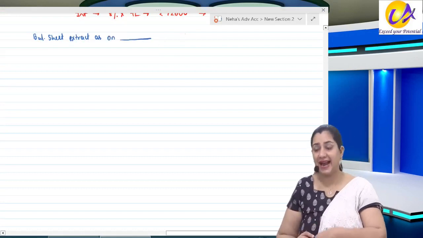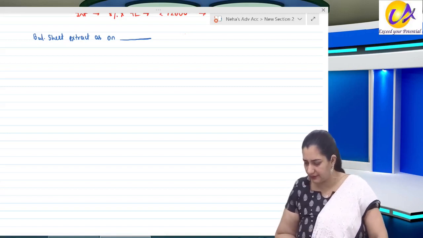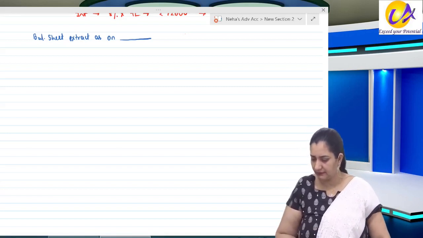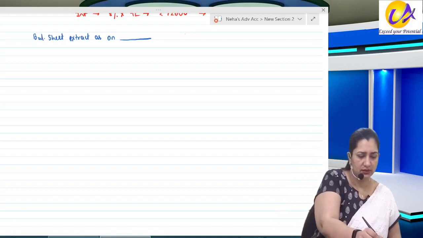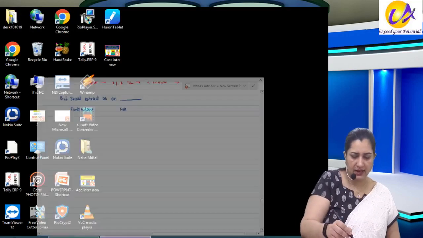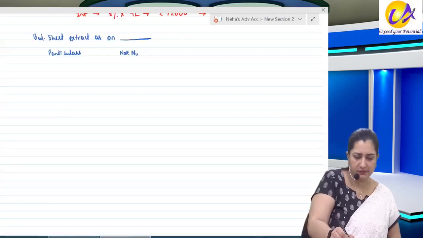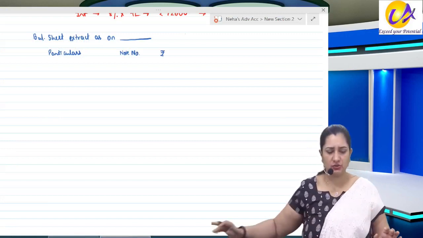Or you can write as at. What is the date? Not given. So we have got particulars in our balance sheet, note number, and rupees. This is how normally we will show our balance sheet.